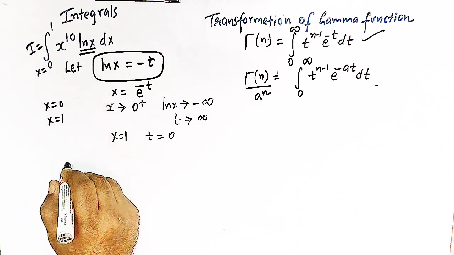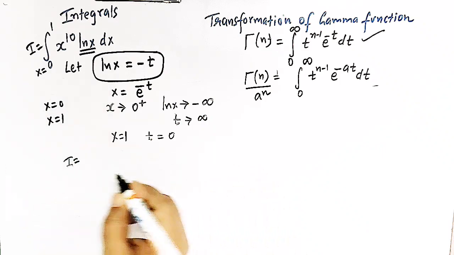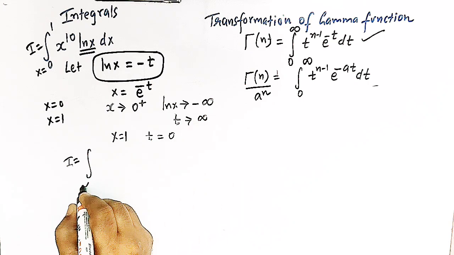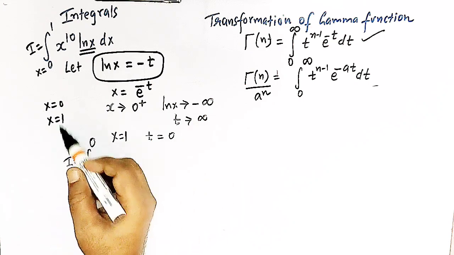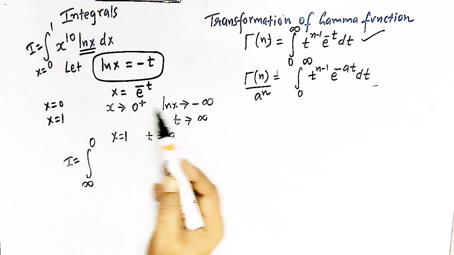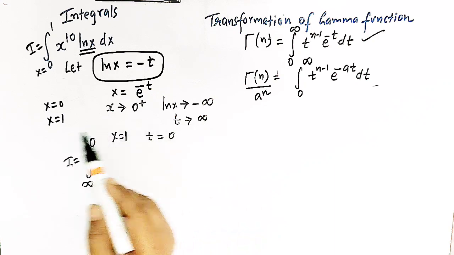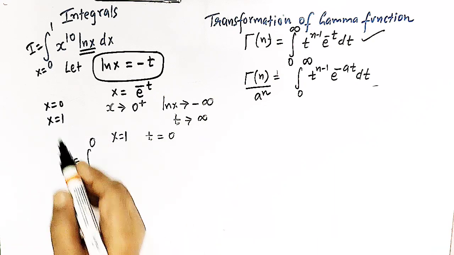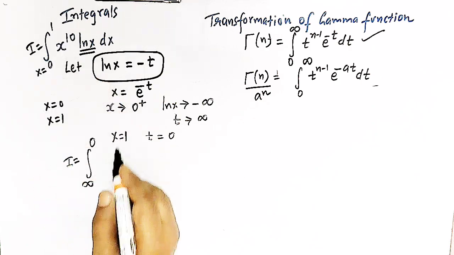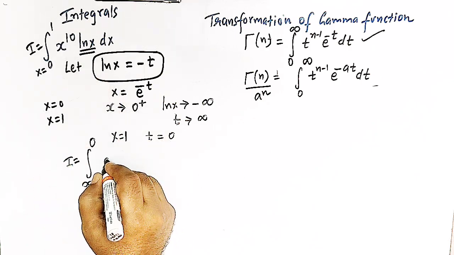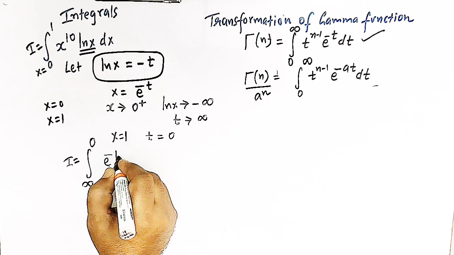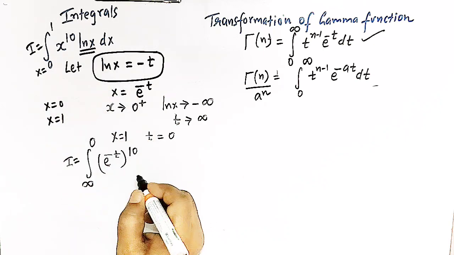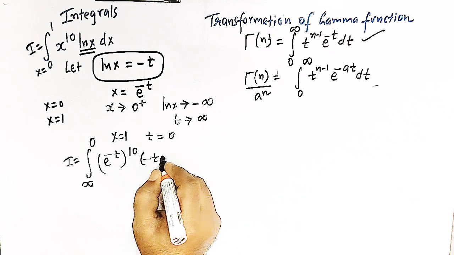So now we can write this integral I in terms of t. The limits of integration are from infinity to 0, because when x is 0, t tends to infinity, and when x is equal to 1, t is equal to 0. Here we have x raised to 10, so we have e raised to minus t raised to 10, and for natural log of x we have minus t.